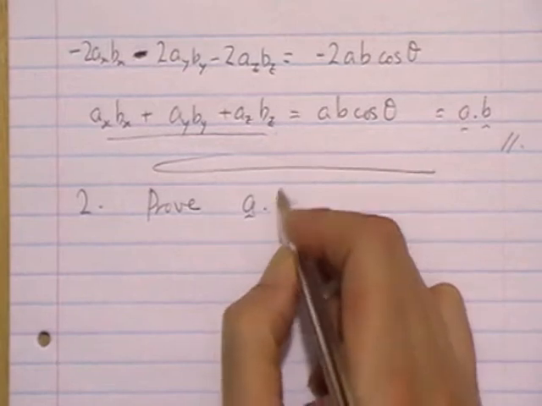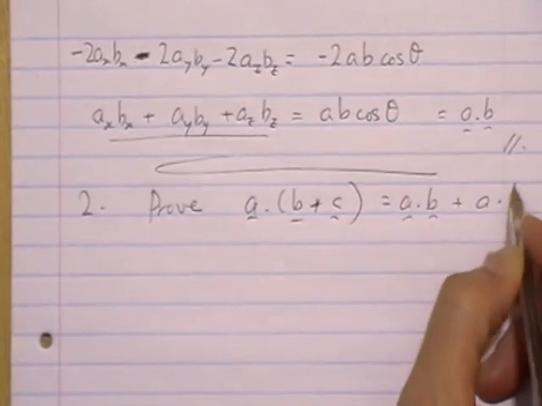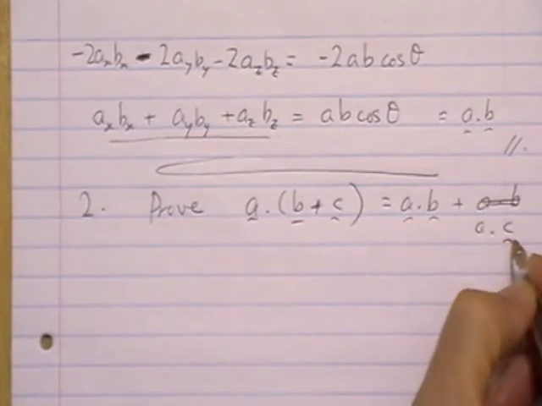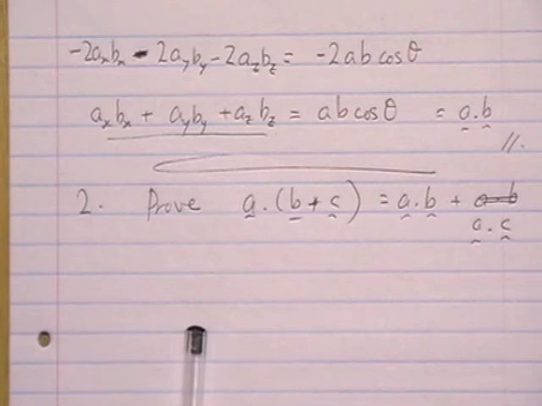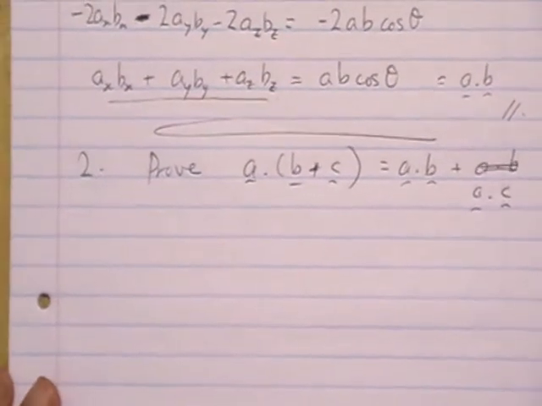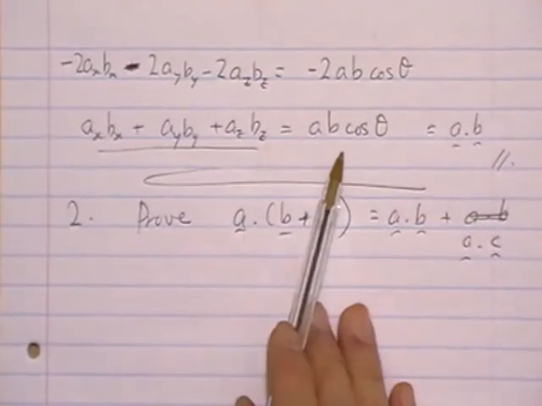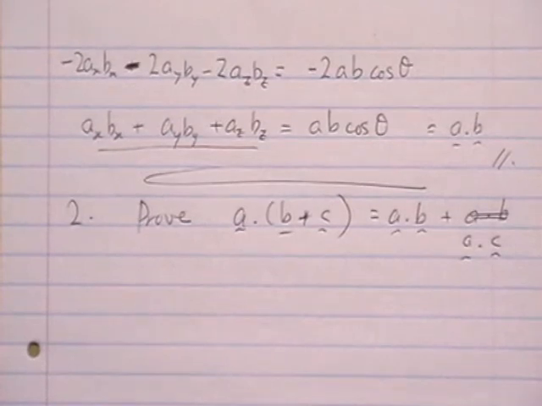Prove that A dot (B plus C) is equal to A dot B plus A dot C. Since, as I've explained, we cannot just assume that this dot product behaves like the simple multiplying of two numbers which are not vectors, because the dot product is not just multiplication, it's something more complicated, we need to find another explanation.